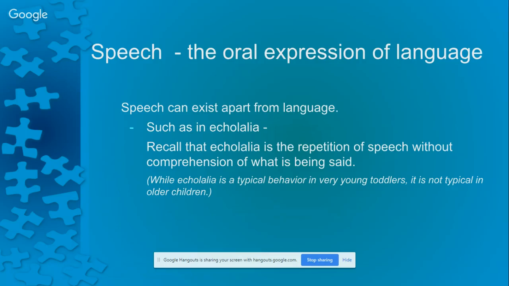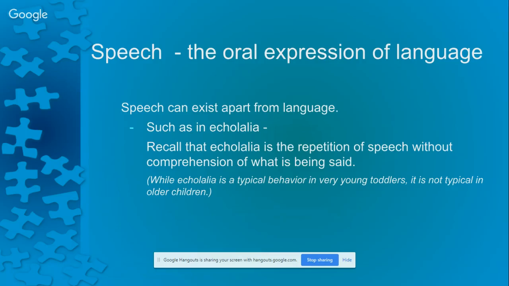We have to talk too a little bit about what we do know about speech, and that certainly it can exist apart from language. And when it does, we call that term echolalia. Recall that we've talked about that term before in our previous weeks, and that echolalia is the repetition of speech without comprehension of what is being said.